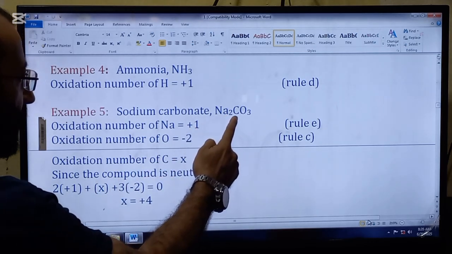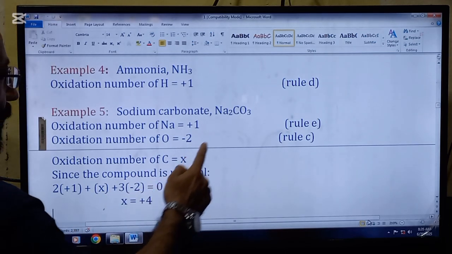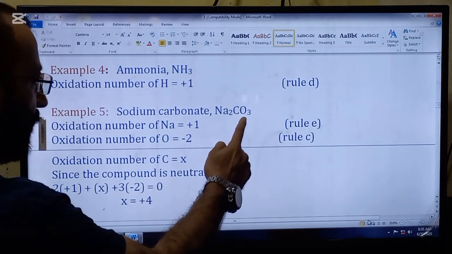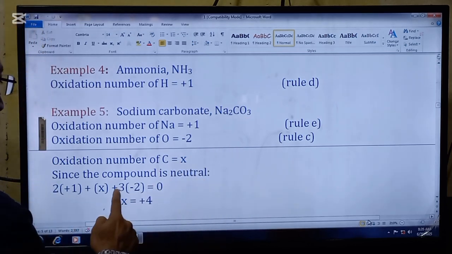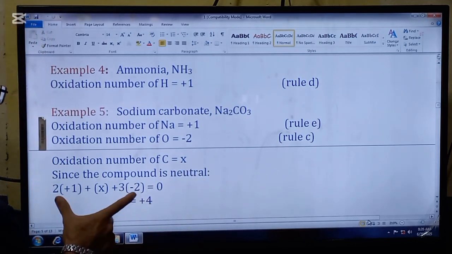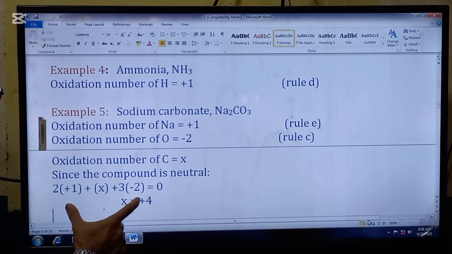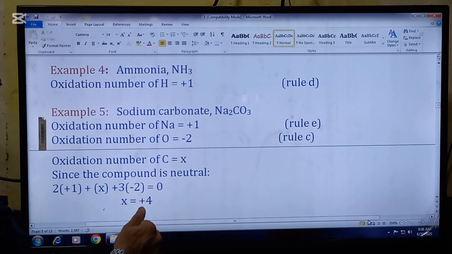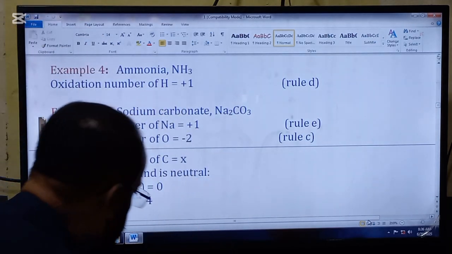Carbon's oxidation number is in question, so that is put X, and O's oxidation number is -2. 3 atoms are there, so that's why 3 into -2. The sum of the oxidation numbers must be equal to 0, so that's why we have put equal to 0. Solve the simple equation, and X answer will be +4. It means the oxidation number of carbon in this compound is +4.